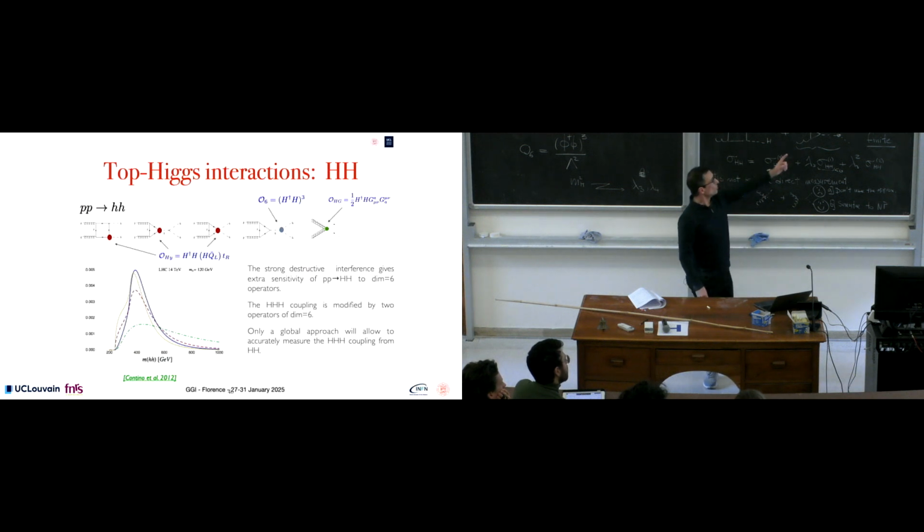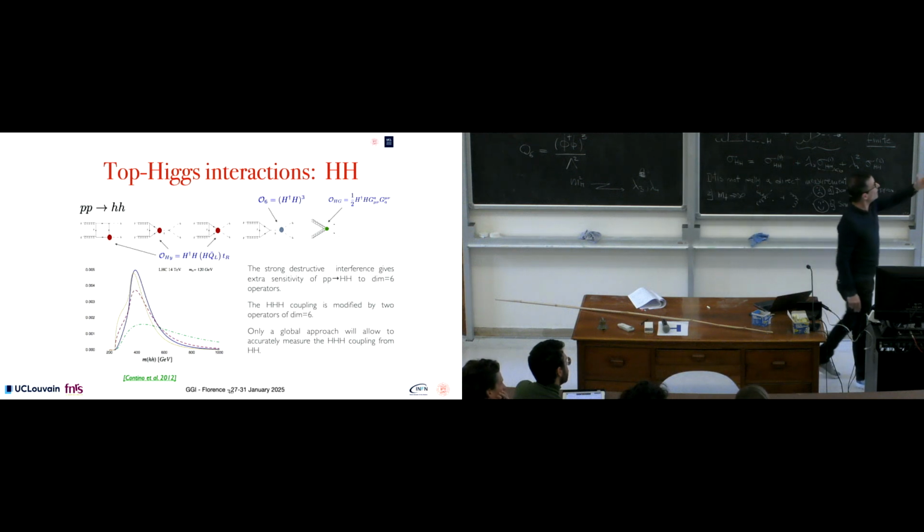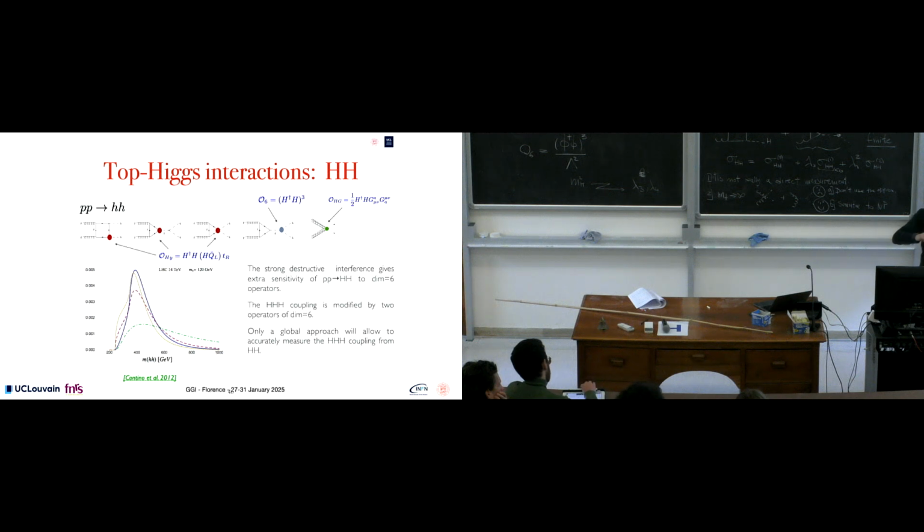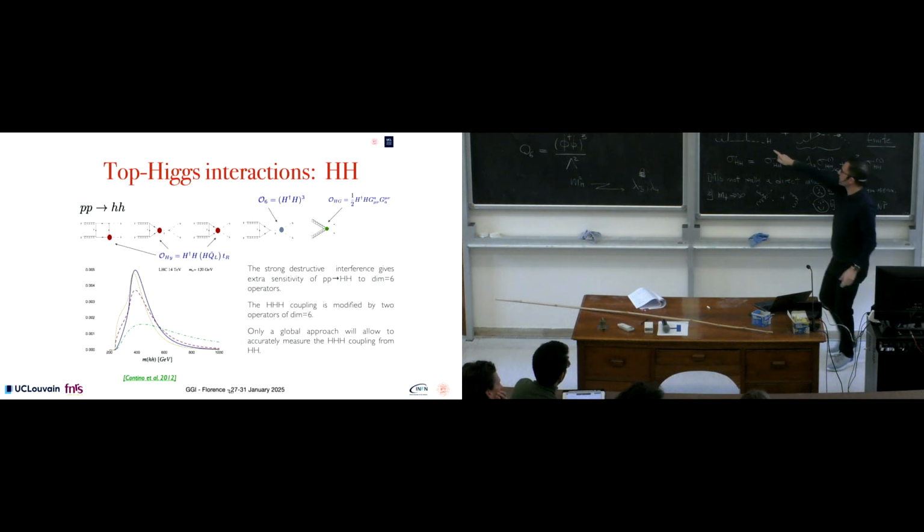You add all the operators in your game, and now you understand that to determine lambda in the EFT, I need to know all other operators very well. I have to have constrained the Yukawa, the GG, and so on with single X production very well, and then I can access lambda 3. Because if I don't know this coupling very well, I will never be able to determine this one.